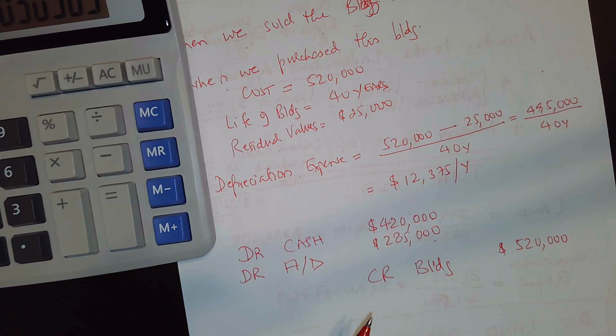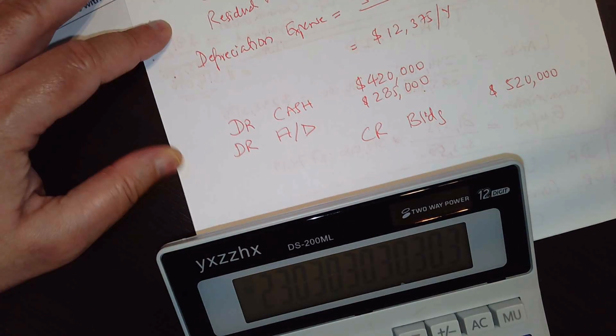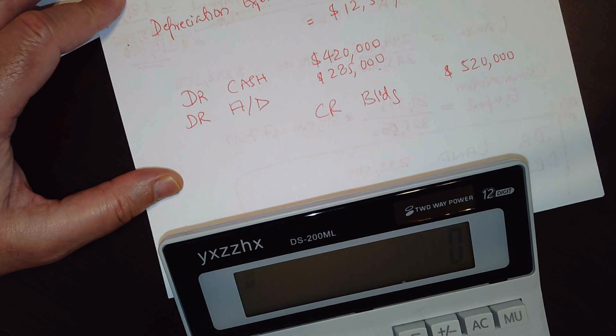Now you have 420,000 on this side, 285,000 on this side, and 520,000 on the other side. So we're first going to add 420,000 plus 285,000. That gives us 705,000.